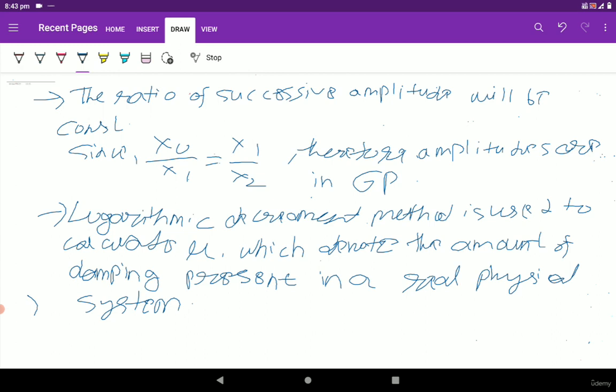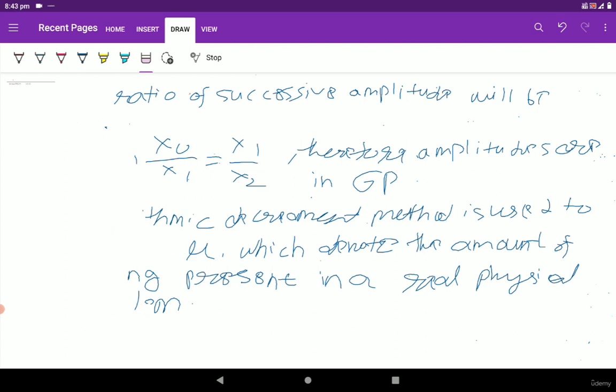So now let's move forward to the next topic, that is critical damping, and this is the last topic for this lecture and for this section. So without delay, let's move forward in the same lecture.